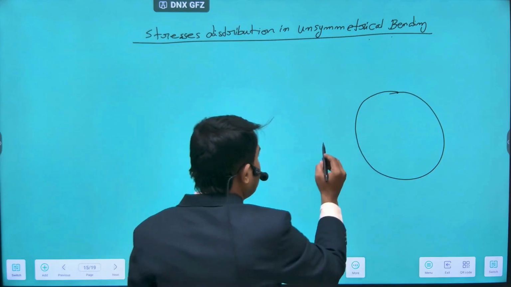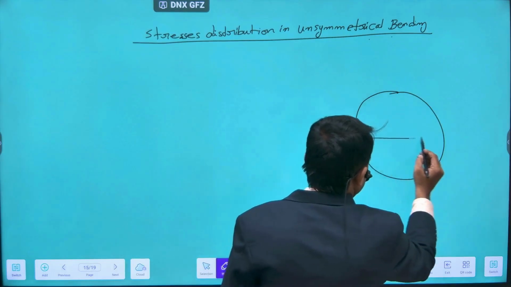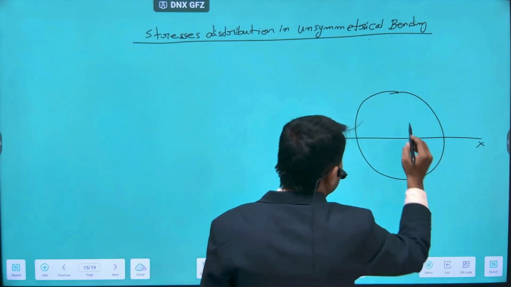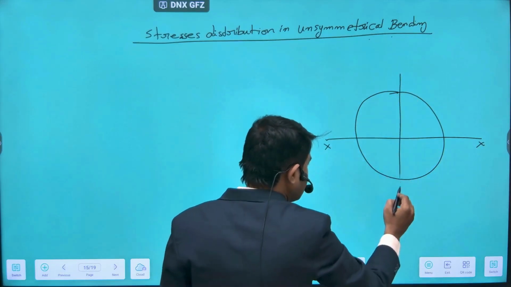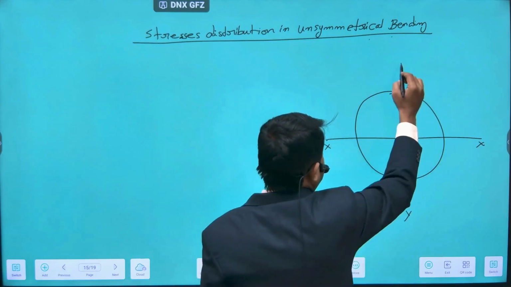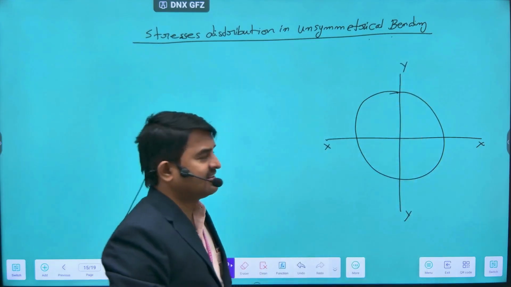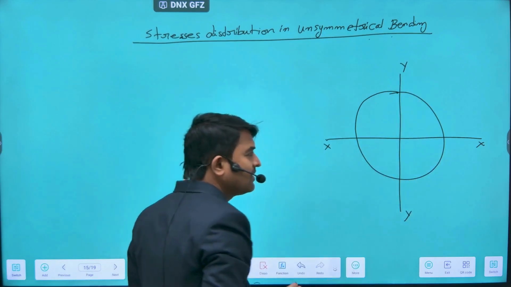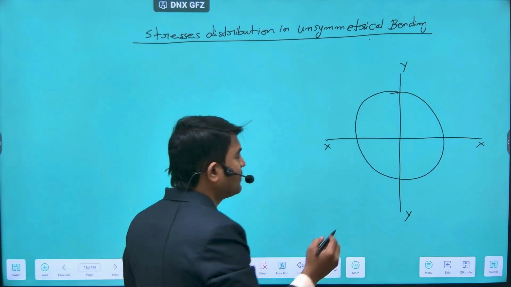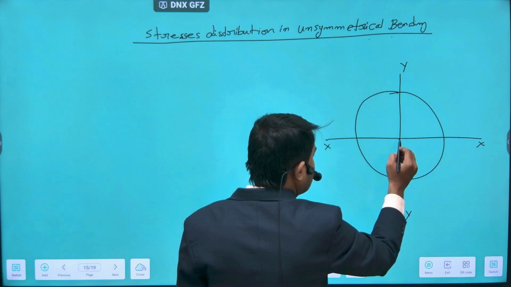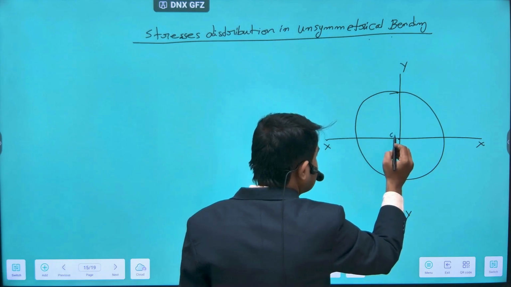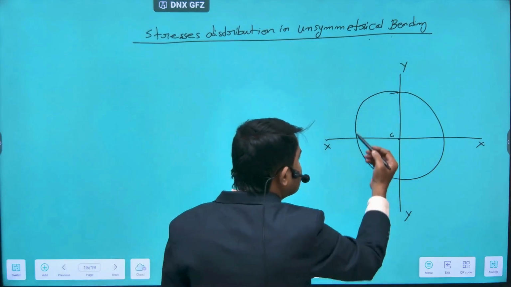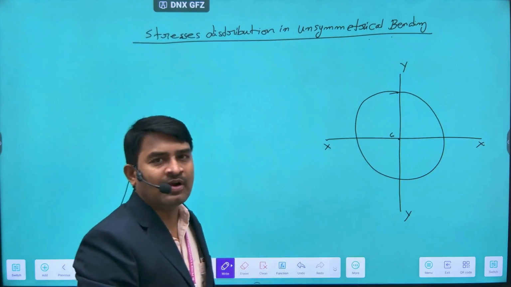Now I am drawing the coordinate axes, that is xx, and another coordinate axis is yy. Here xx and yy are the coordinate axes. These coordinate axes meet at this point. Let us say this is the center of gravity of this section or body.